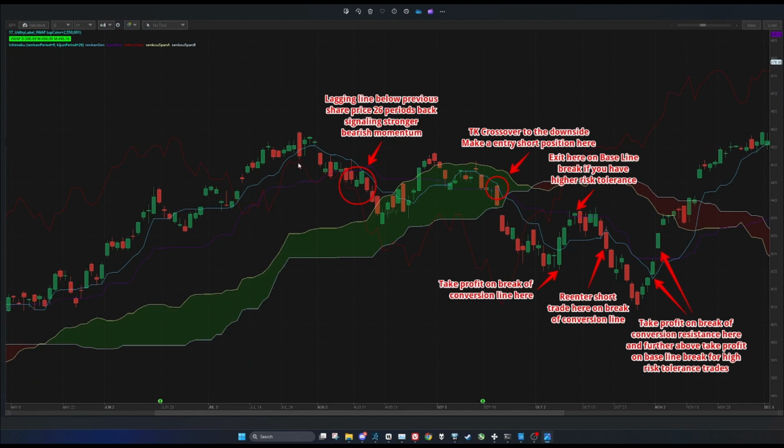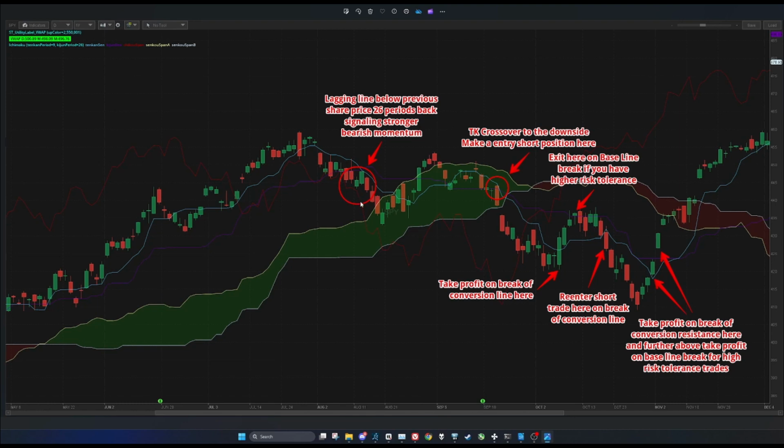So here we have an example of a TK crossover to the downside, with the conversion line crossing beneath the Kijun-sen baseline here. And if you look 26 periods back, you can see that the lagging line's endpoint was over here, and it is below the previous price action.